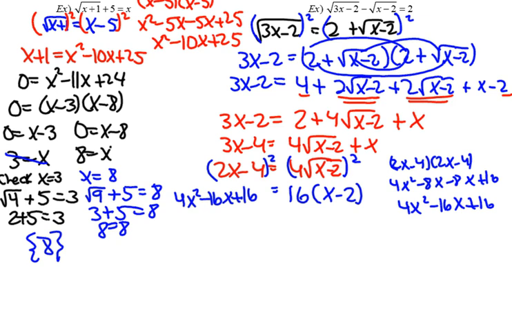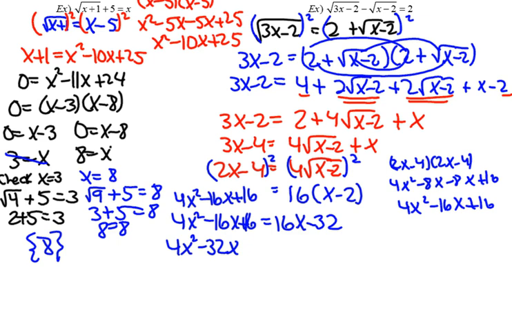Distribute the 16. Now, this is a quadratic equation, so I'm going to set the quadratic equation equal to 0. So I'm going to bring the 16x over, and I'm going to bring the 32 over.